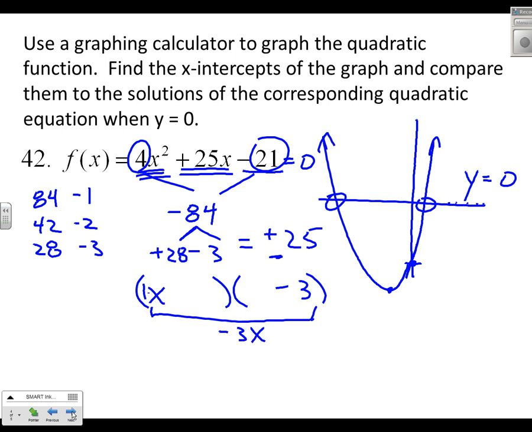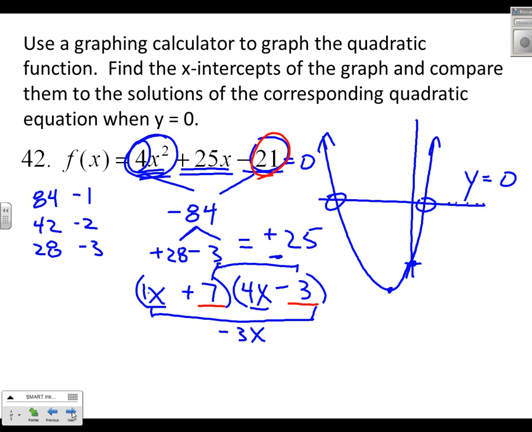And now, first term times first term, 1x times 4x equals first term, 4x squared. Last term times last term equals last term, 7 times, or 3 times 7, but it has to be minus 21, so this is plus 7. This product must be minus 21.